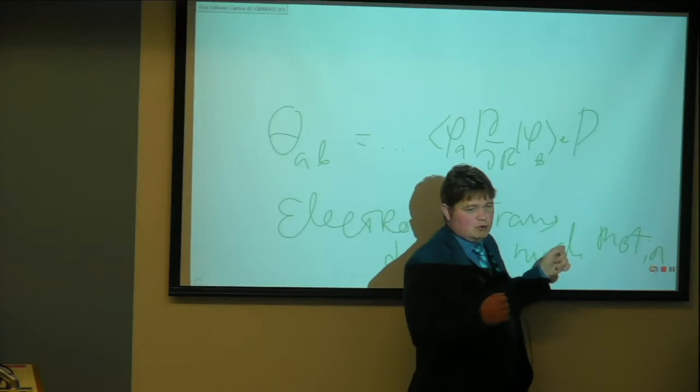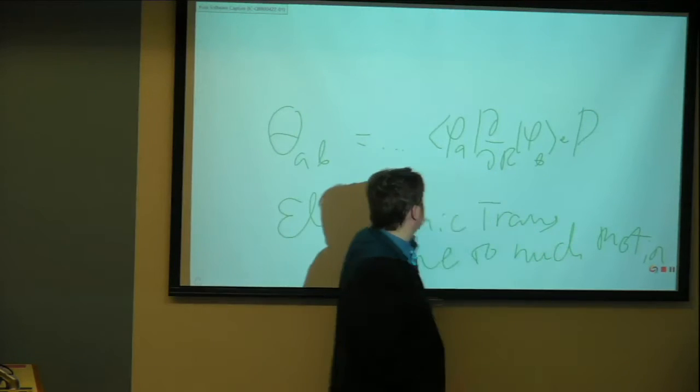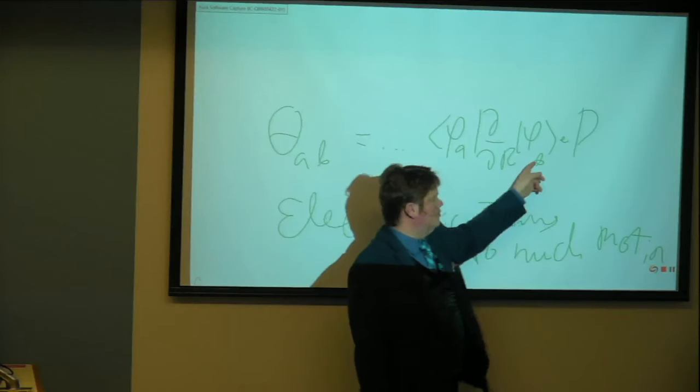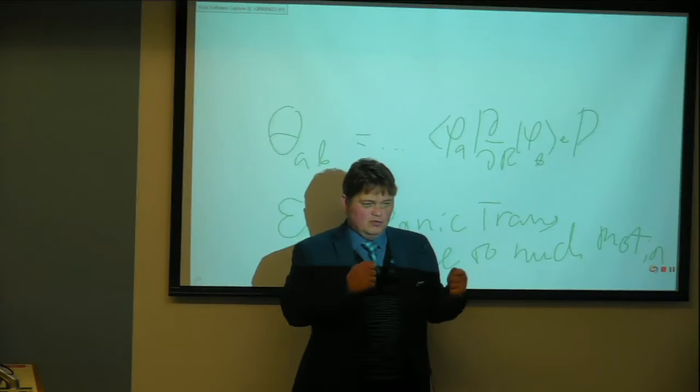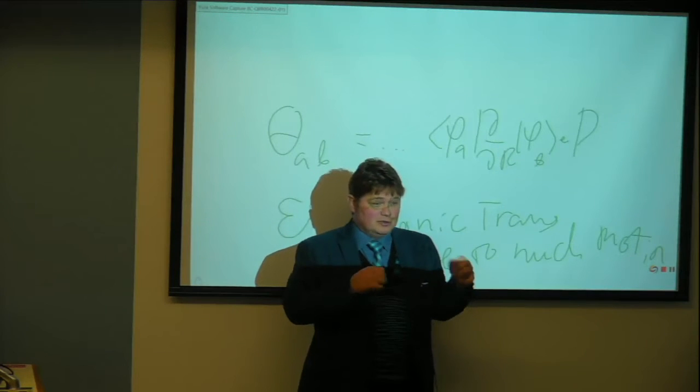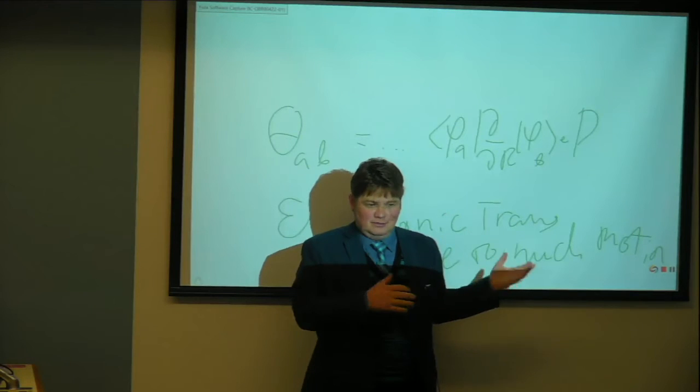So if there is no momentum, there is no motion, and nonadiabatic coupling is zero. If the wave functions do not change when you move ions, for example, if you have electrons and no ions, there is no this coupling.